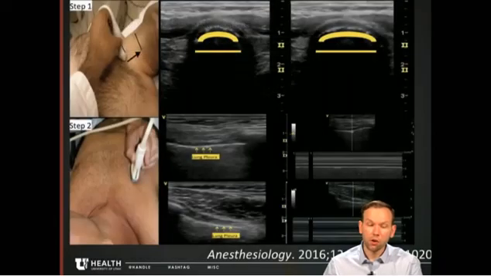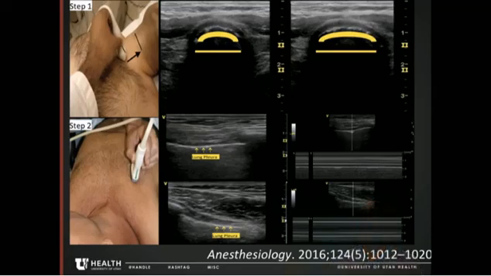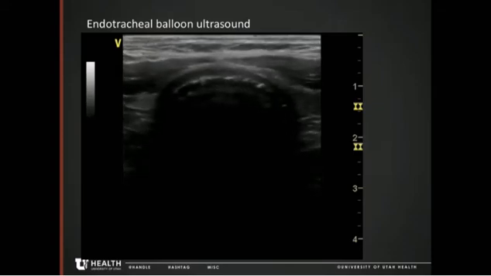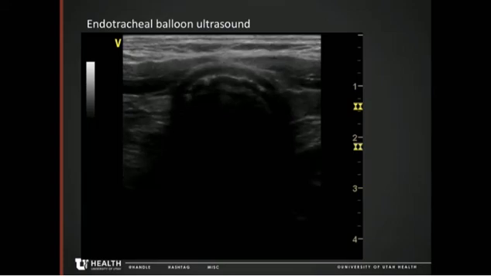And so actually going back, I want to show you the image on the top left. You can see that the probe is placed perpendicular to the trachea and scans up towards the cricoid cartilage. So showing the image that results from that scan, you can appreciate a widening of the trachea as you pan up and down.